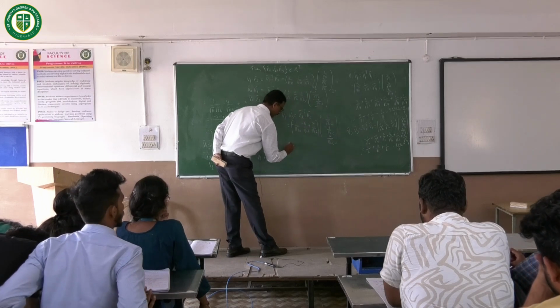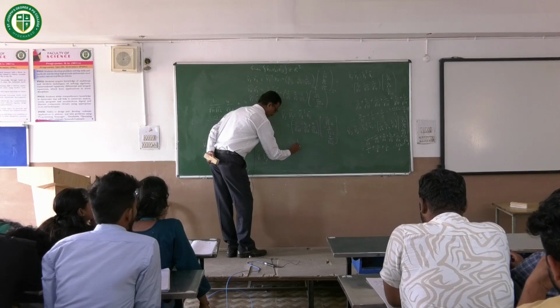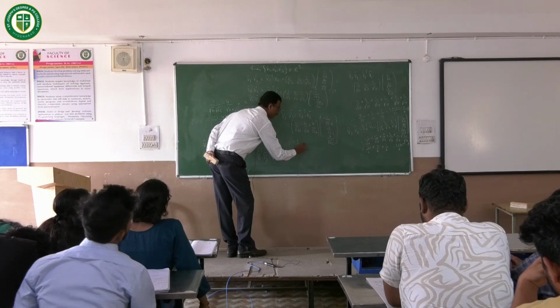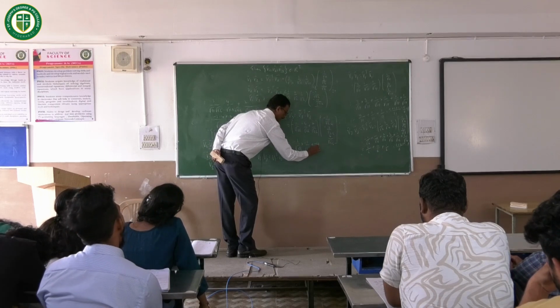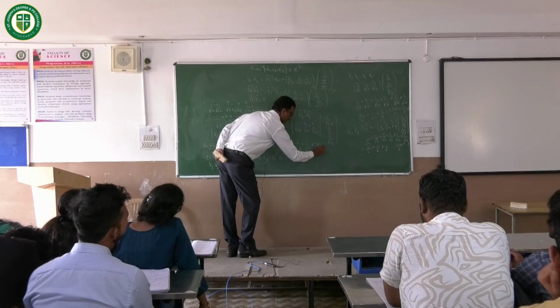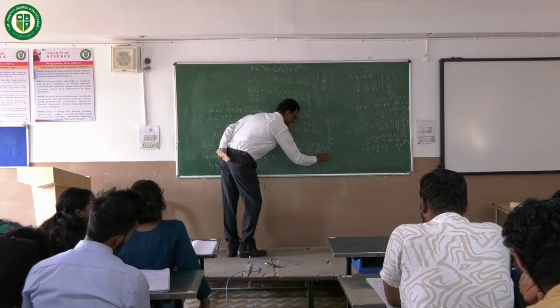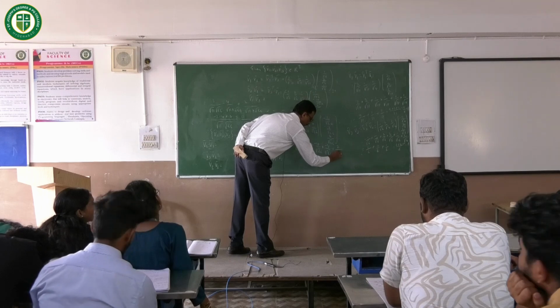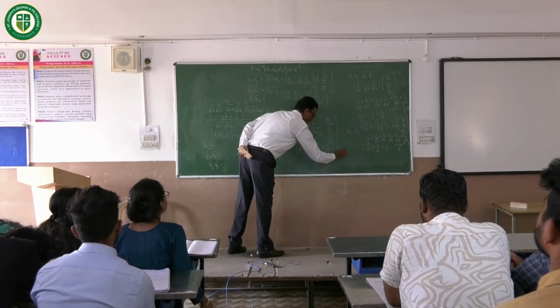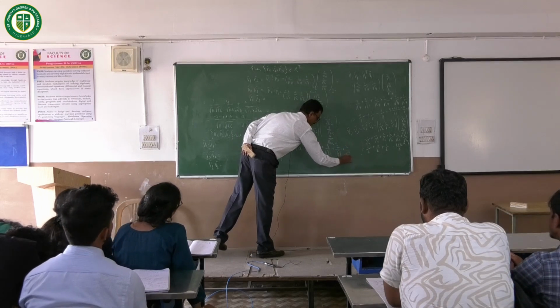So you can write here minus 1 by root 66 into minus 1 by root 66 plus minus 4 by root 66 into minus 4 by root 66 plus 7 by root 66 into 7 by root 66.